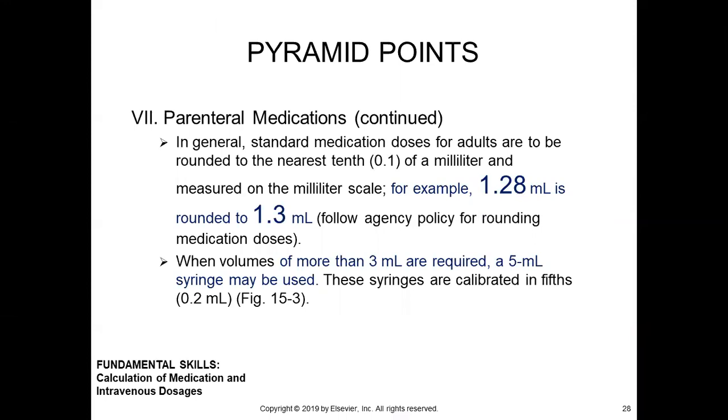So parenteral medication. In general, the standard medication doses for adults are to be rounded to the nearest tenth. So if the measure on the milliliter scale is, for example, 1.28 ml, it is good to round it to 1.3. If you miss this decimal point, it would be 128 ml.